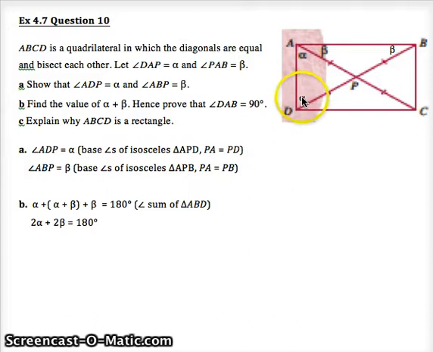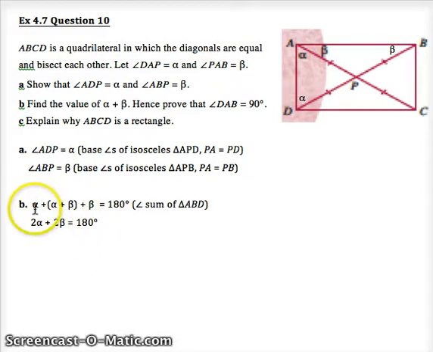So we can see that we've got alpha plus beta, which I've got there in brackets, plus beta, equals 180. Now we don't really need the brackets here, so we can open the brackets up and we can see that we've got alpha plus alpha, which is 2 alpha, and beta plus beta, which is 2 beta. So therefore 2 alpha plus 2 beta is 180.